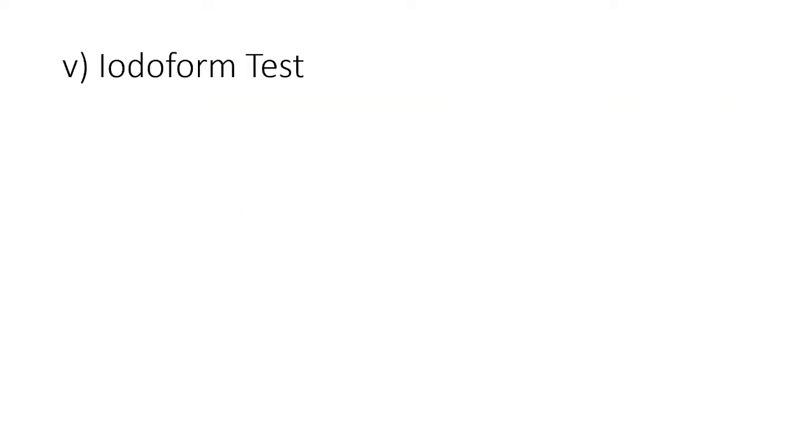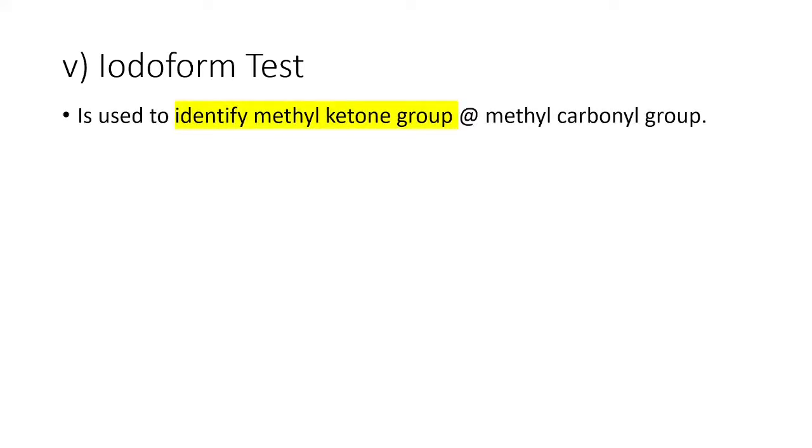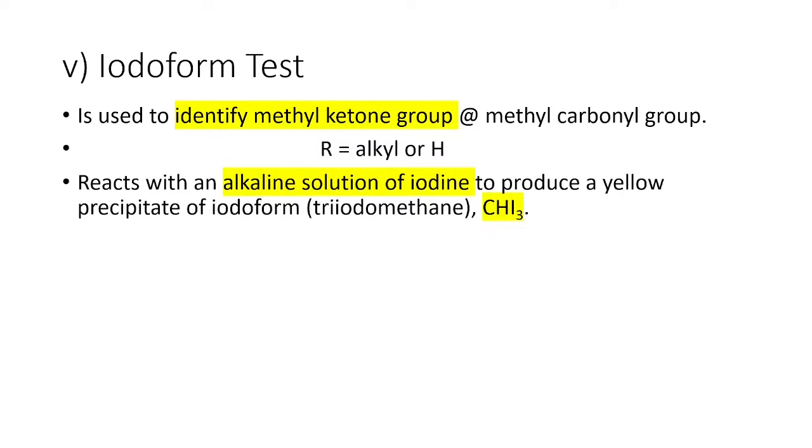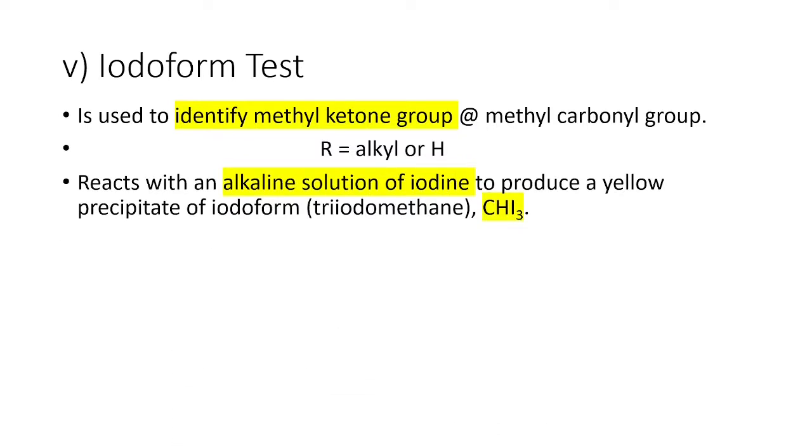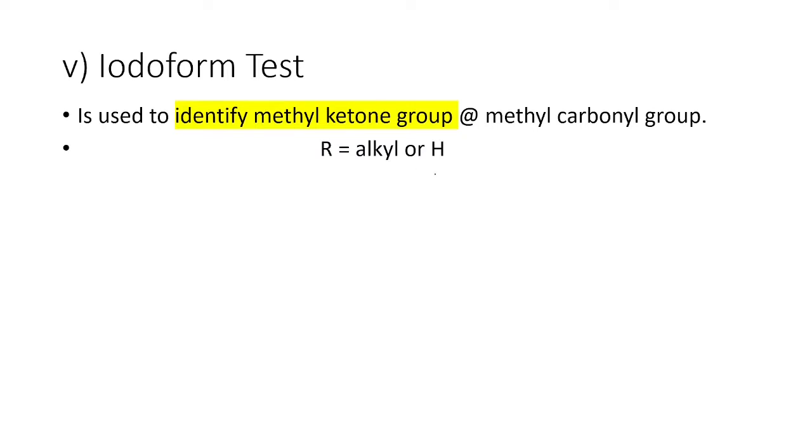Okay, next one, iodoform test. This one is for us to determine the presence of methyl ketone group. Okay, methyl ketone group. What is methyl ketone group or methyl carbonyl group? Okay, let me draw first for you. Methyl carbonyl group is, let's say you have O here, CH3.